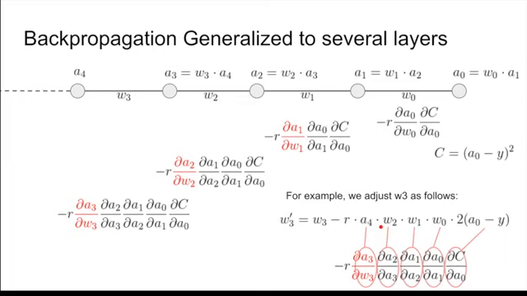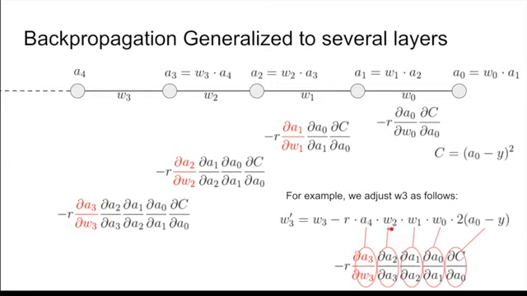So in intuitive terms, what this means is the higher the activation behind this weight, the more significance this weight has for the network, and therefore we change it proportionately to the activation from the previous layer.